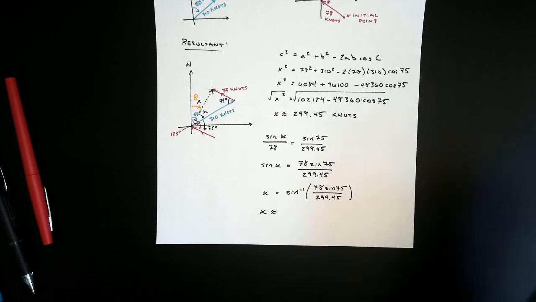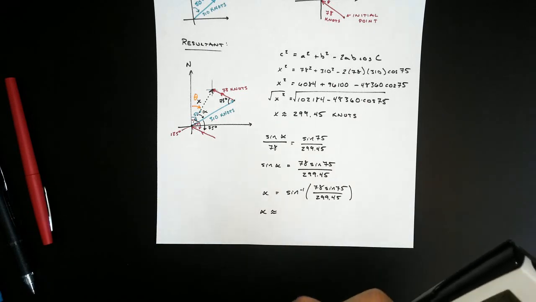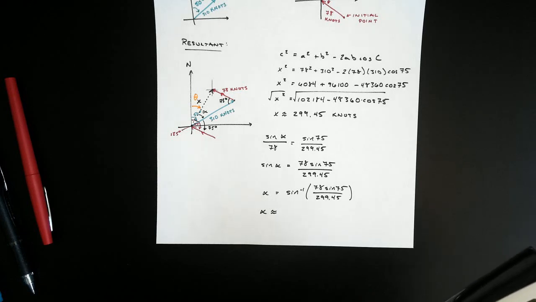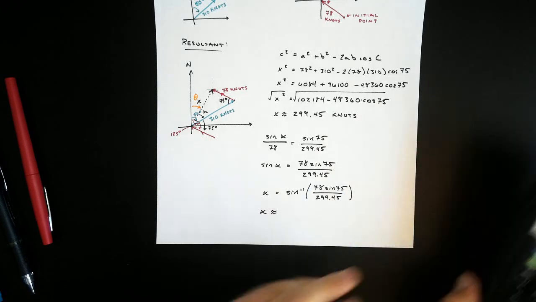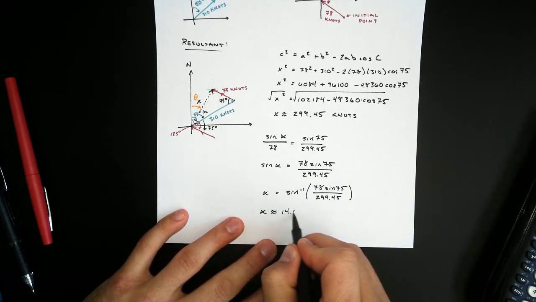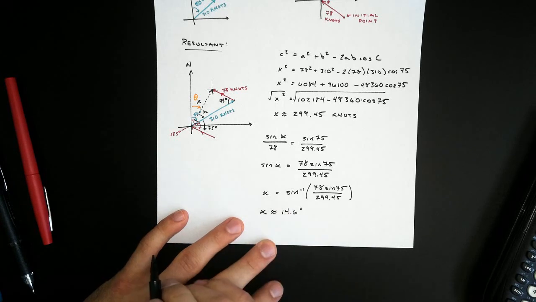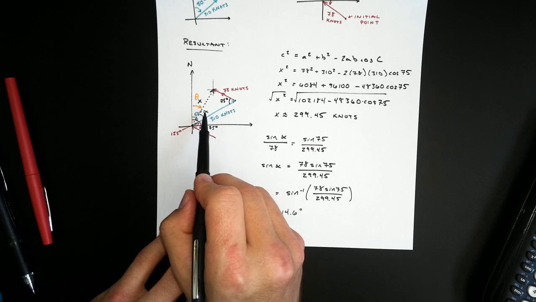So we got the inverse sine of 78 times the sine of 75 divided by the magnitude of our resultant vector. And that is about 14.6 degrees. So this angle on the inside of the triangle is about 14.6.